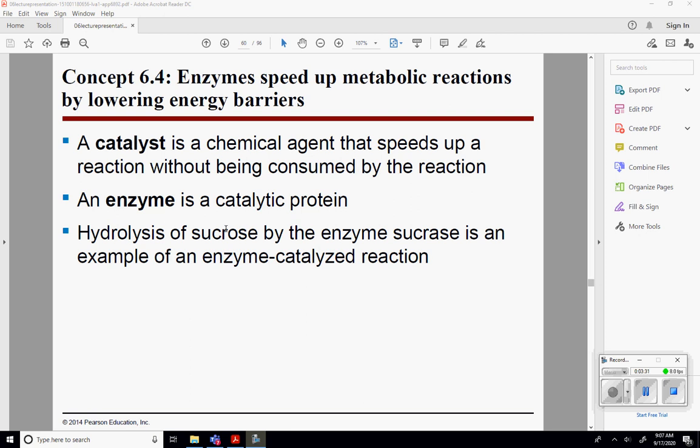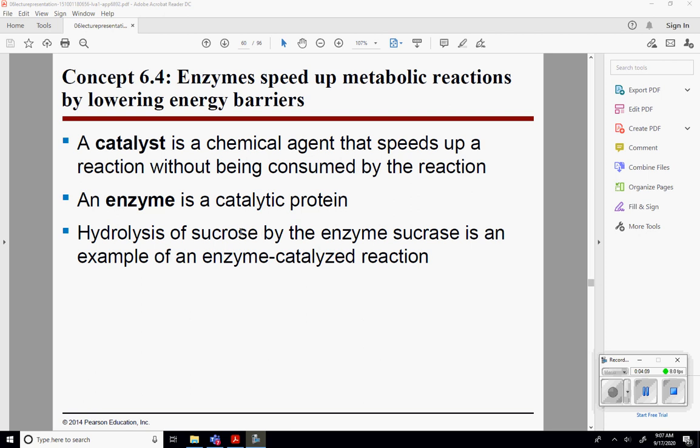If you have two sugar molecules, glucose and fructose, making up a sucrose molecule, hydrolysis of that by an enzyme called sucrase is an example of an enzyme-catalyzed reaction. That enzyme is involved in getting that reaction to happen faster, providing binding sites for the glucose and fructose monosaccharides to come together and become the disaccharide sucrose.